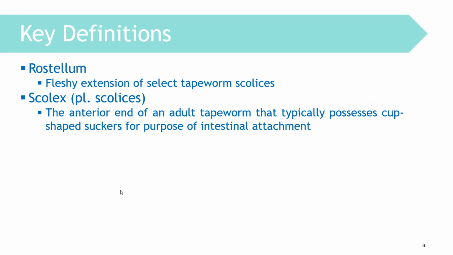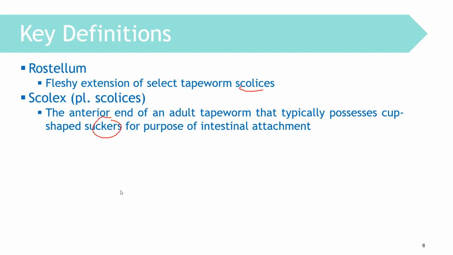Next in line, they also have what we call the rostellum. This is a fleshy extension of selected tapeworm scolices. When we say scolex, this is what we call the head, the singular form. It is the anterior end of the tapeworm that typically possesses the hooks and the suckers.